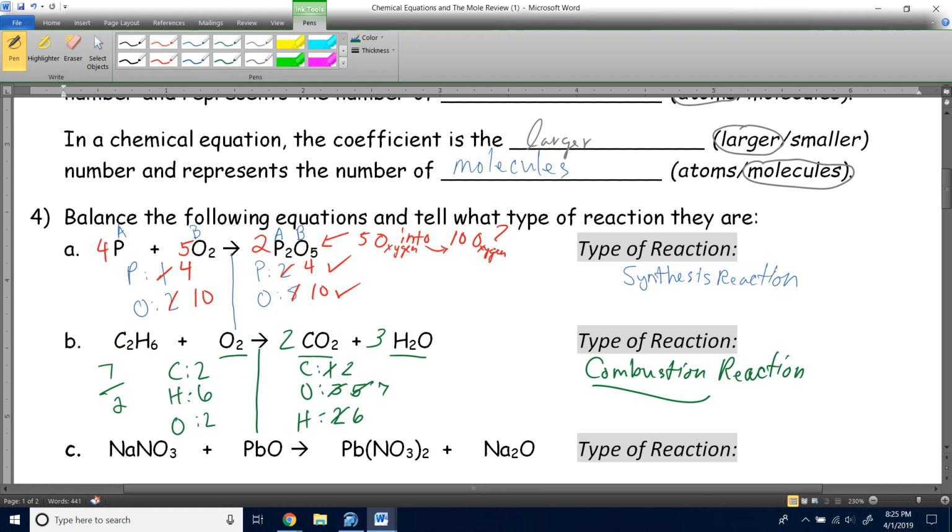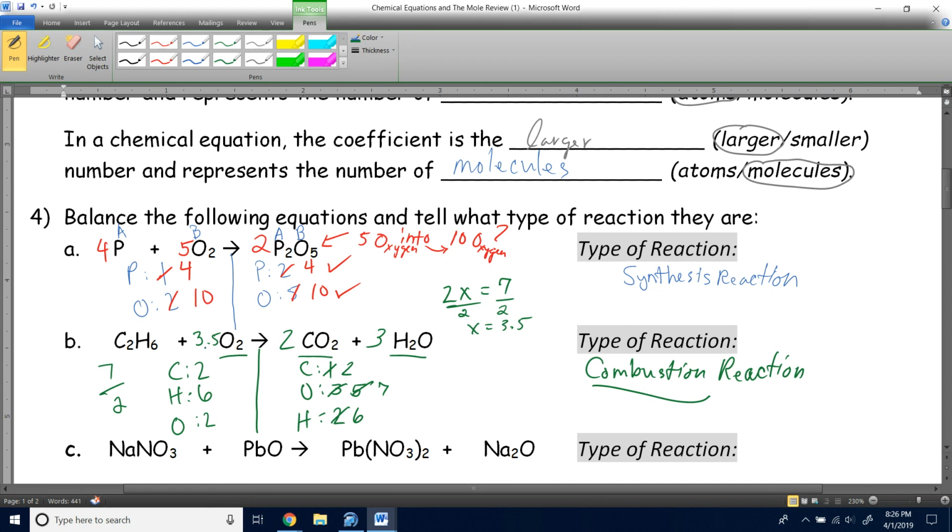So you can think of it as a math equation too. You can think of it as 2 times x equals 7. Solve for x. Divide by 2. X equals 3.5. So that's what we need. We need 3.5 right here. Are we done? Nope. No bueno. We're not done yet.